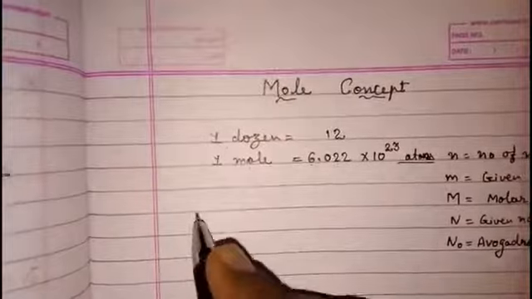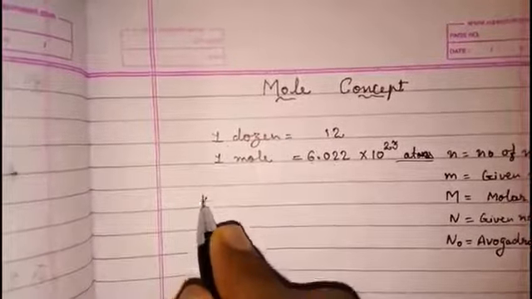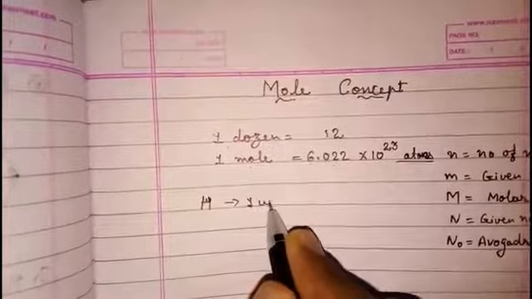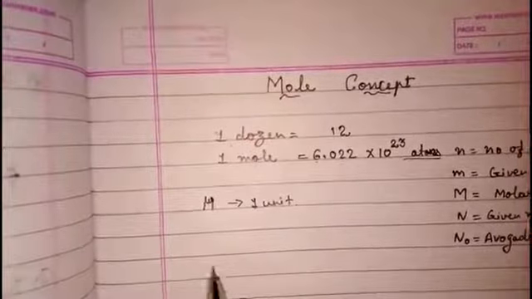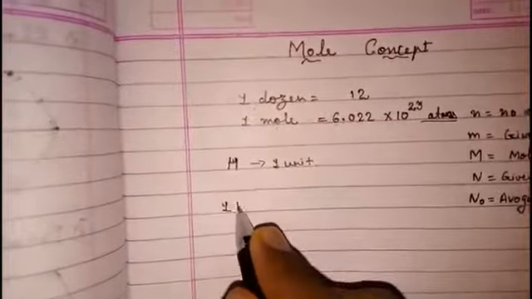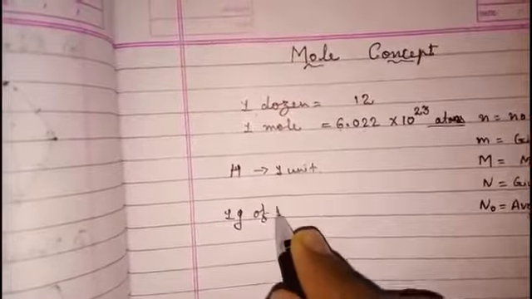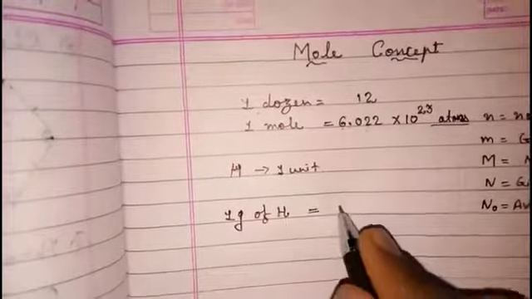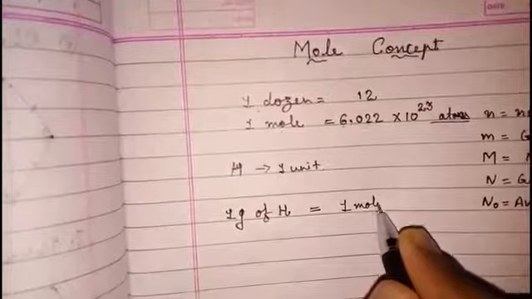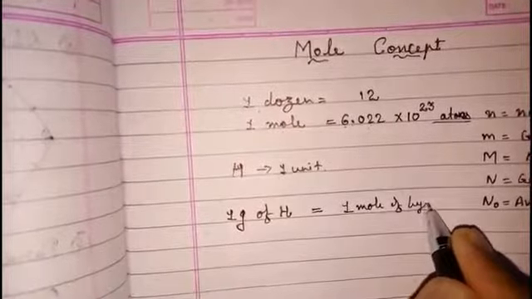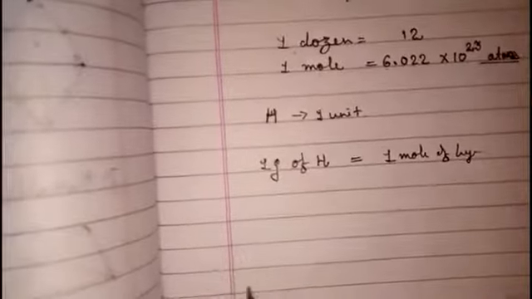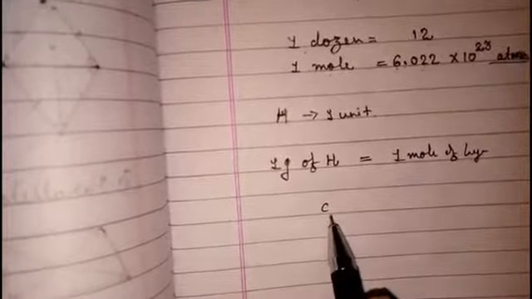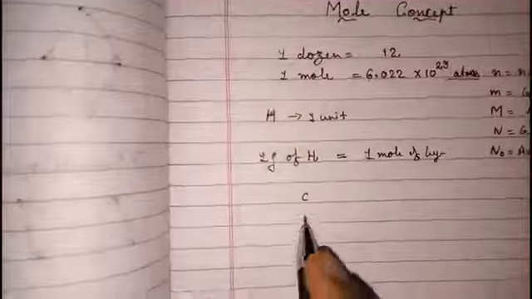I am giving you a practical example. What is hydrogen? We know the mass of hydrogen is 1 unit. So if I say 1 gram of hydrogen, then it will be equal to 1 mole of hydrogen. Still I am explaining more, so you will come to know. Take carbon. Tell me, what is the atomic mass of carbon? 12.